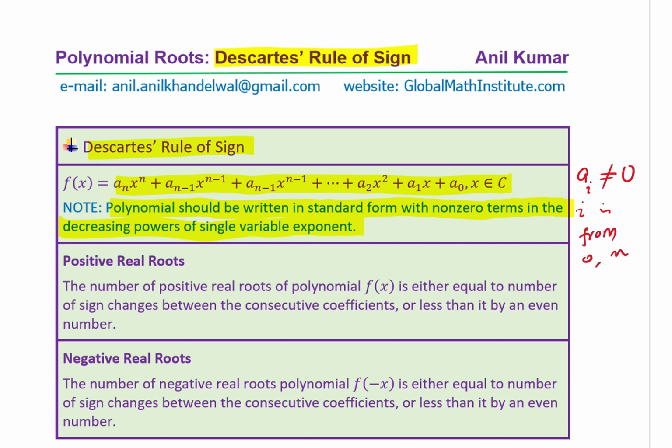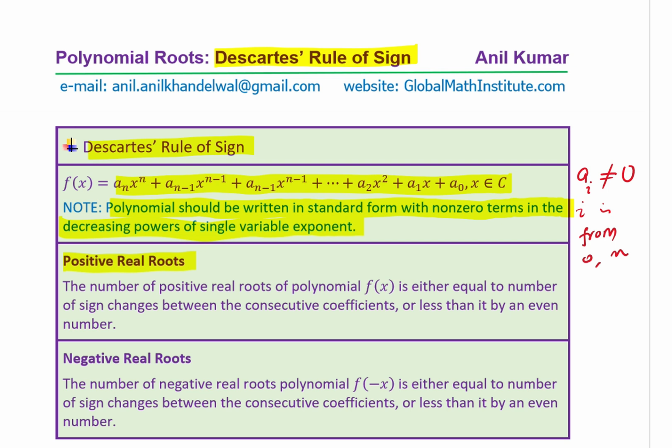Now let us figure out the rule for finding positive real roots. The number of positive real roots of a polynomial f of x is either equal to the number of sign changes between the consecutive coefficients or less than it by an even number. Why less than it by even number?